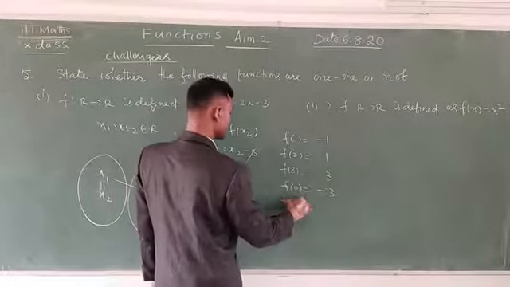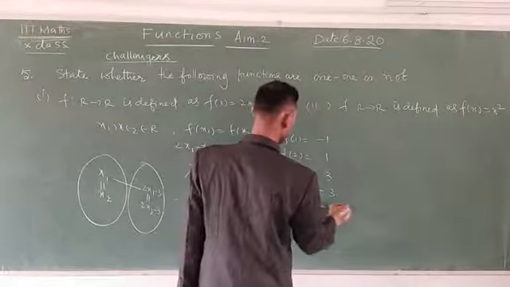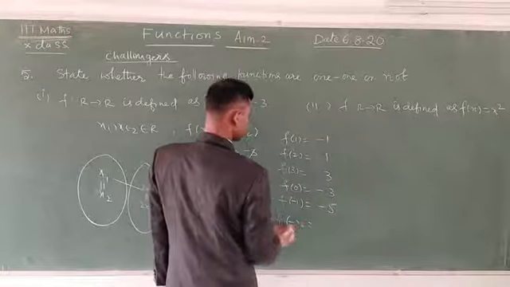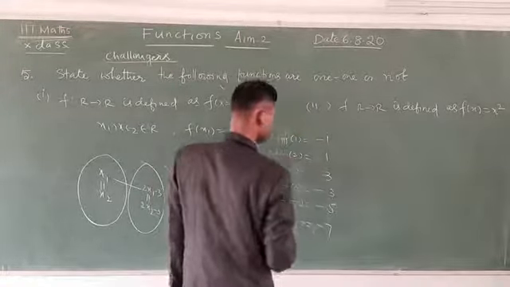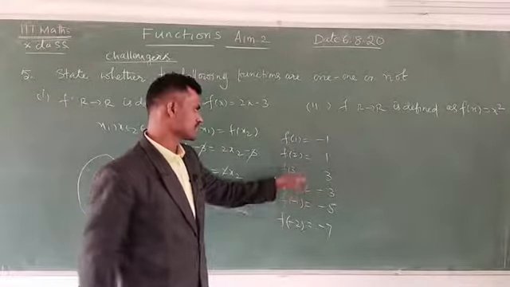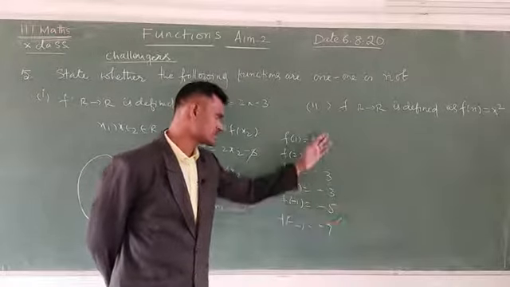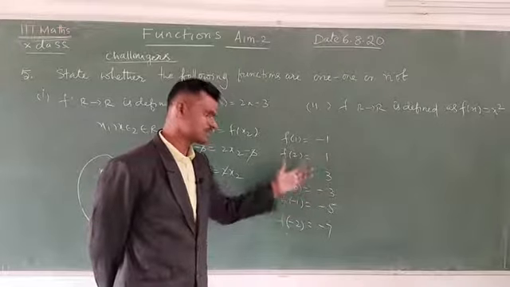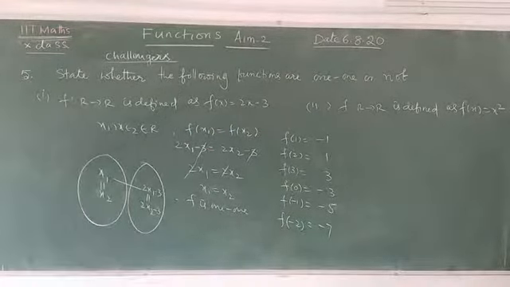Next minus 1: 2 ones are minus 2, minus 2 minus 3, minus 5. Next f of minus 2 means 2 into minus 2, minus 4, minus 4 minus 3, minus 7. Now you can check that different elements have different images, they are not the same. See here: 1, minus 1, 3, minus 3, 5, minus 5, minus 7. Total are different elements, and different images also.